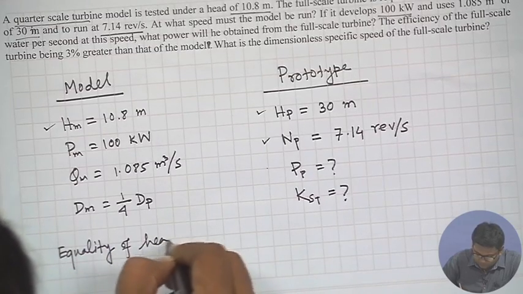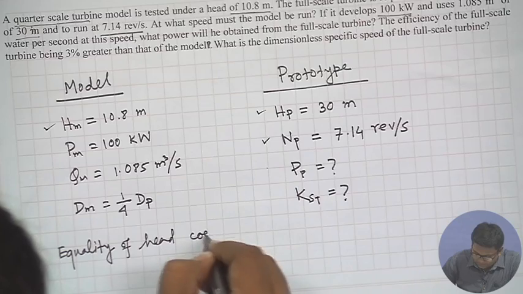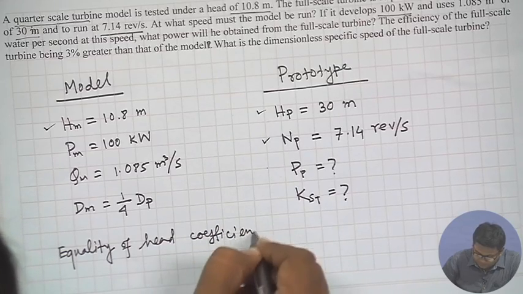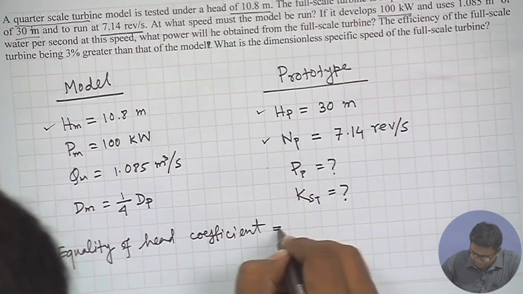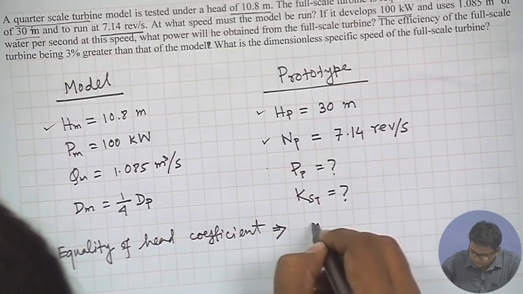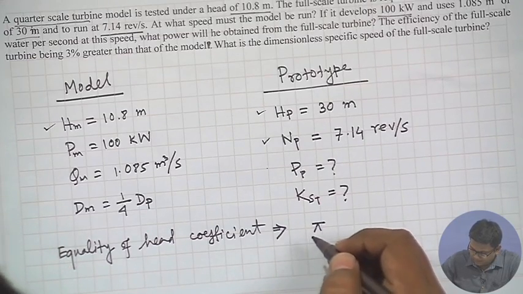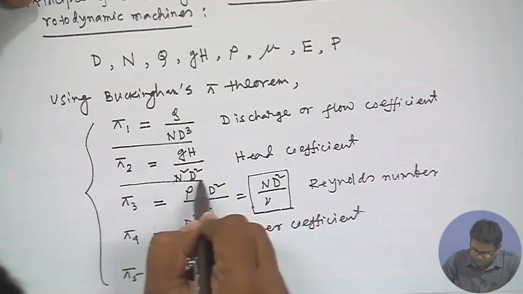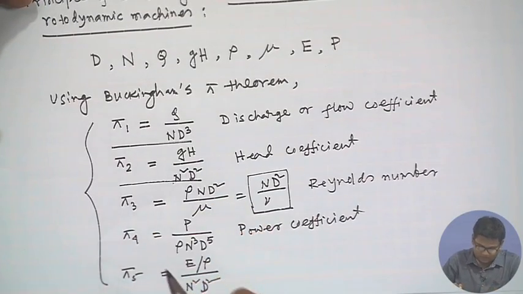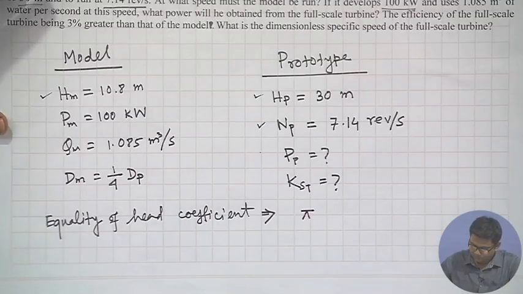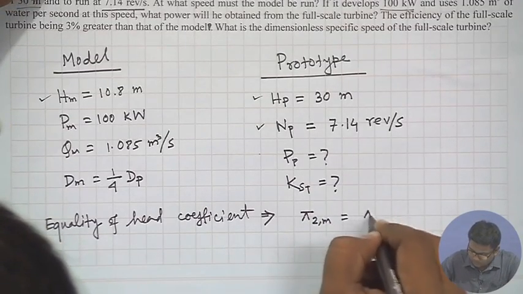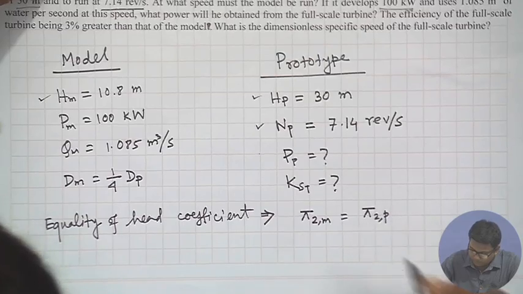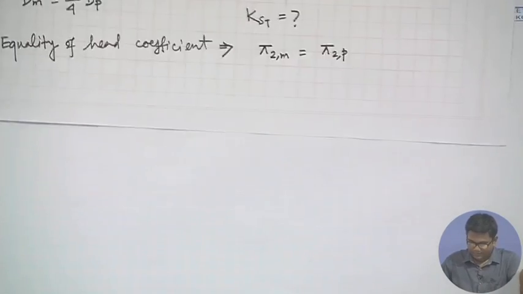Head coefficient is the pi 2 term, which is gH by N squared D squared. So pi 2 of model will be pi 2 of pump or prototype.